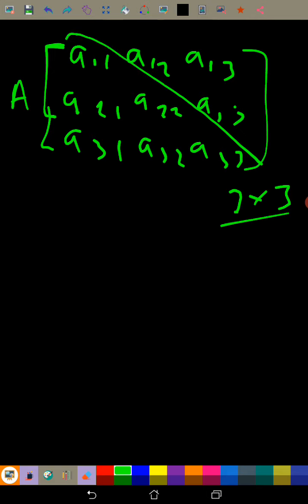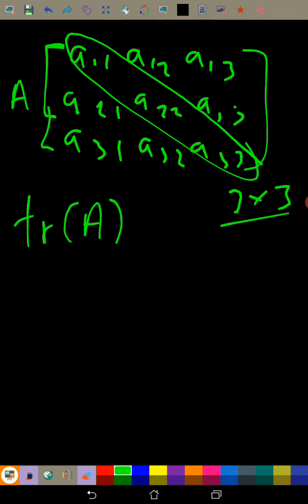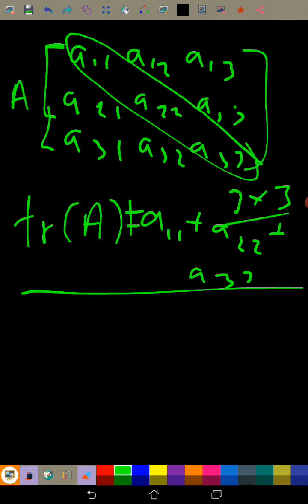The main diagonal is here, and the trace of A is A11 plus A22 plus A33, and that's it. This is the trace. I don't know what it means really, in which way it can help you, but that's what you need to know.